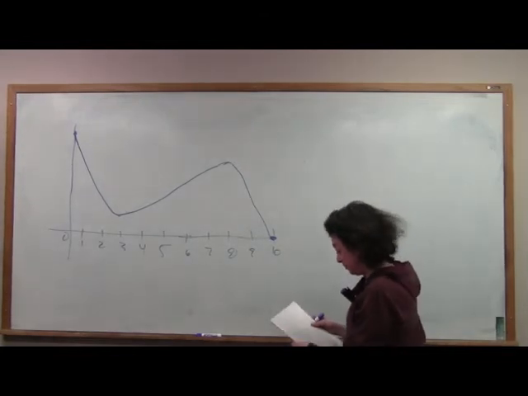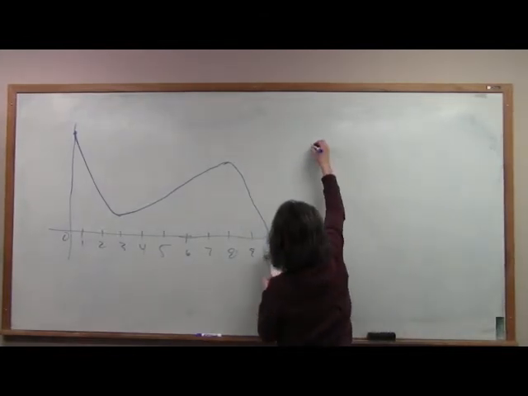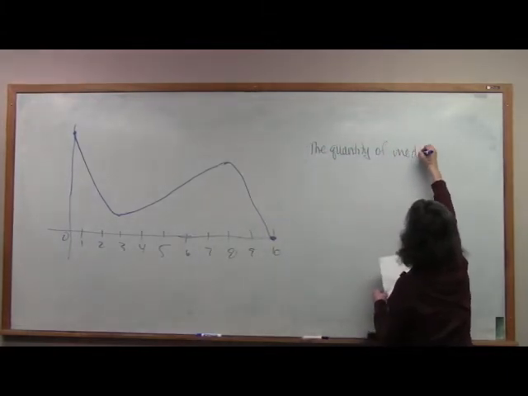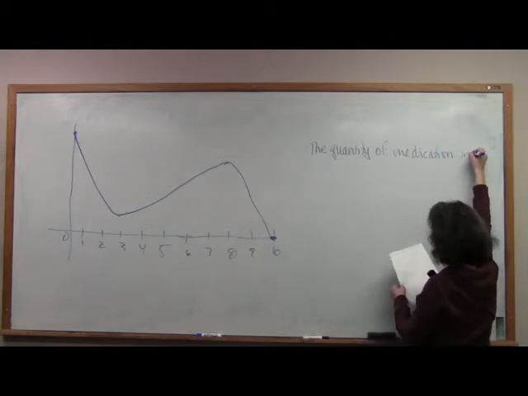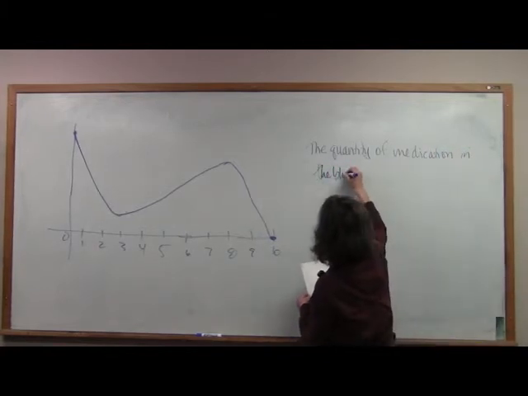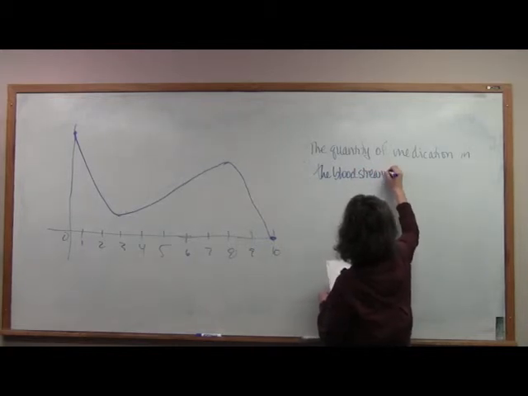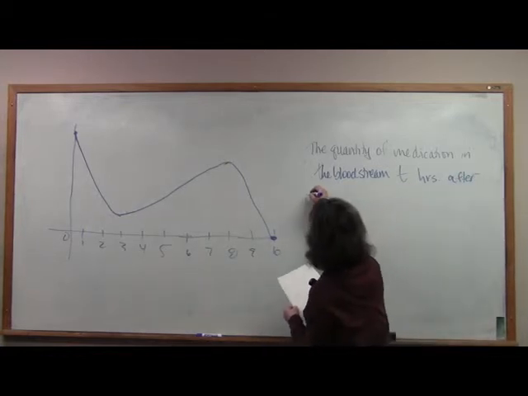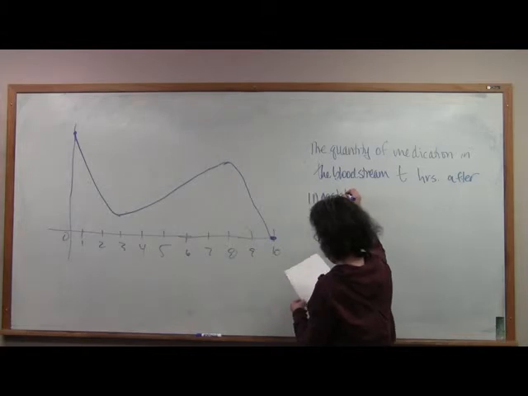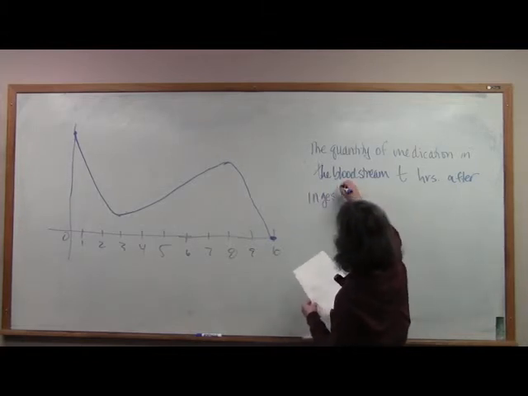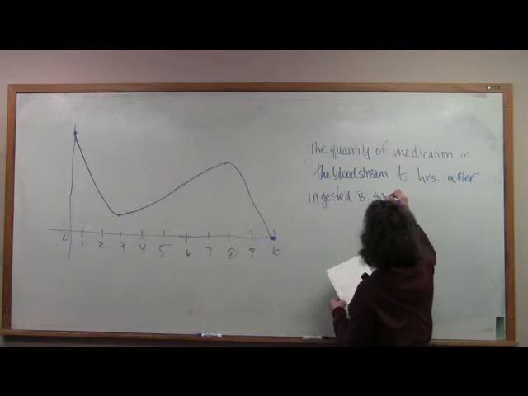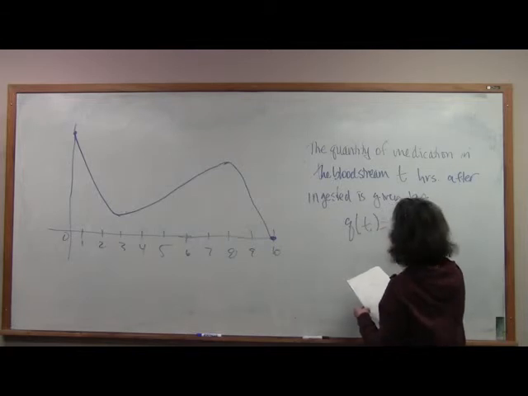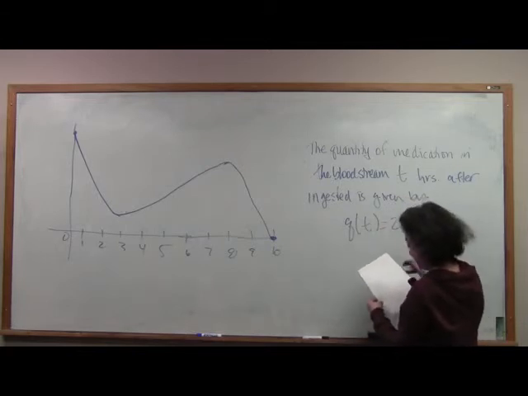Suppose I tell you that the quantity of medication in the bloodstream T hours after ingested is given by this: Q of T is 200 T e to the negative T.